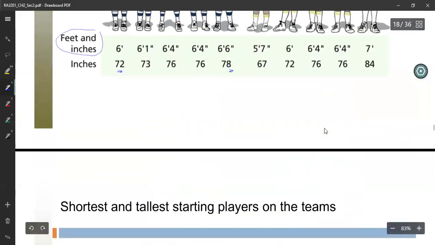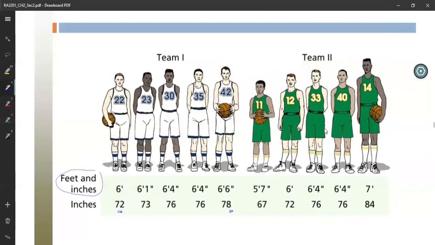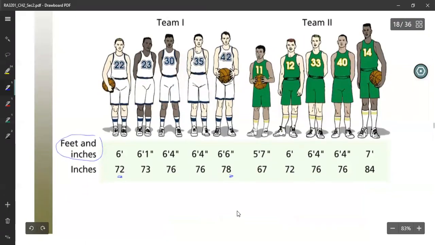So if you draw a dot plot for these two teams, you will see that 72 and 78, and the players are here.